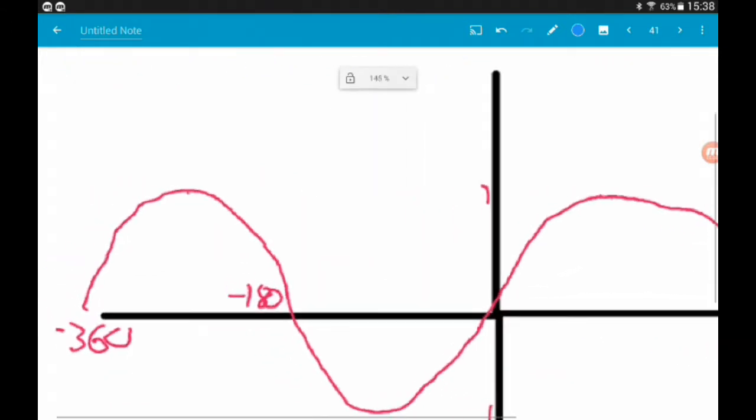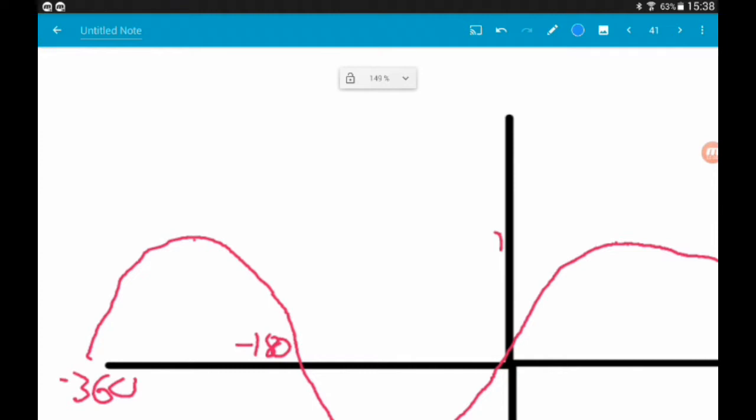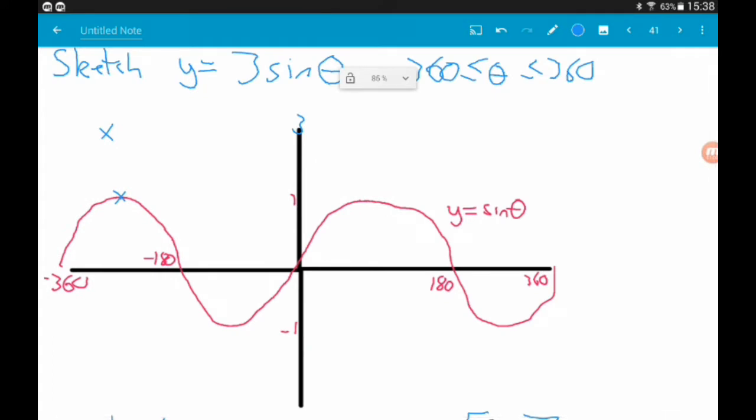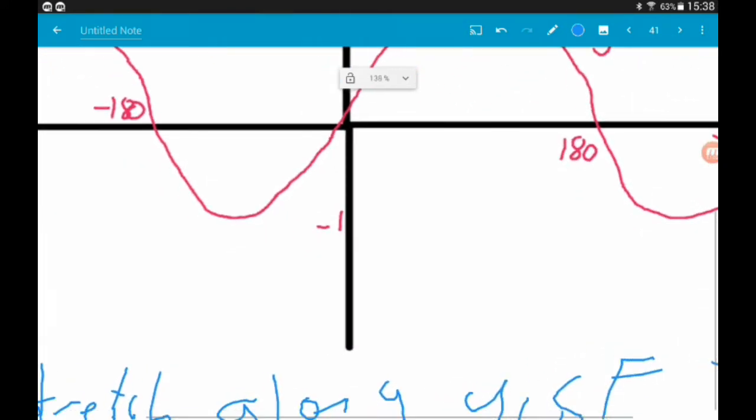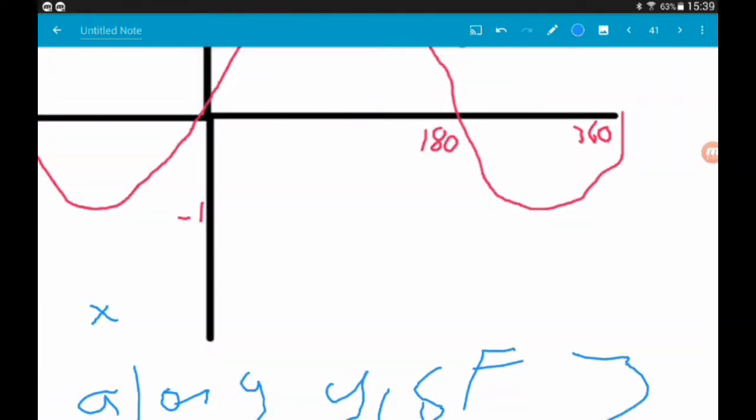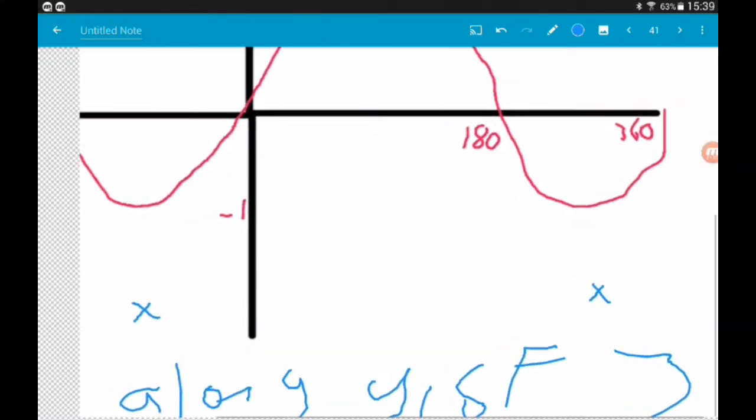So what happens here, every y coordinate gets multiplied by 3. So nothing happens to our x values. So this point here, that would have a y coordinate of 1, is going to get multiplied by 3, so its y coordinate is now going to be 3, and the y coordinates of the minimums, which would be minus 1, are going to go down to minus 3.